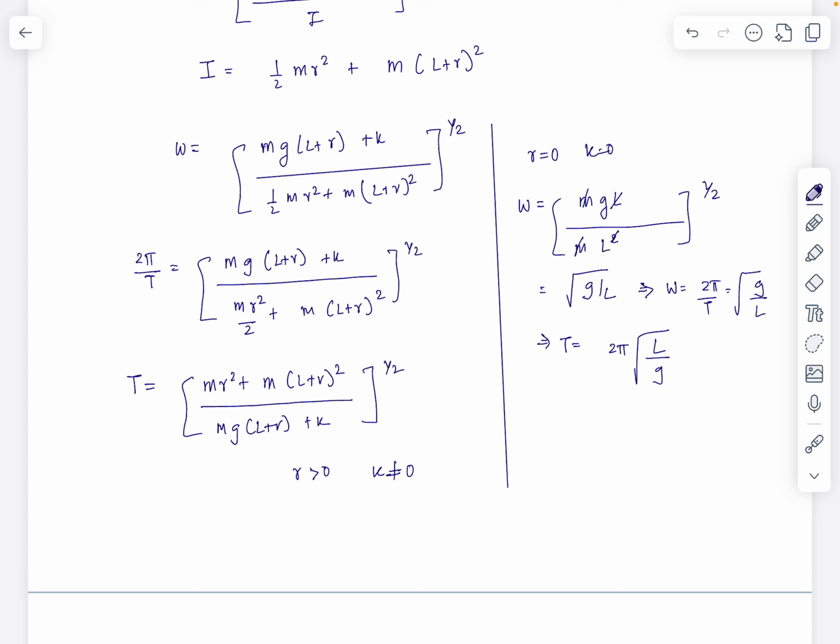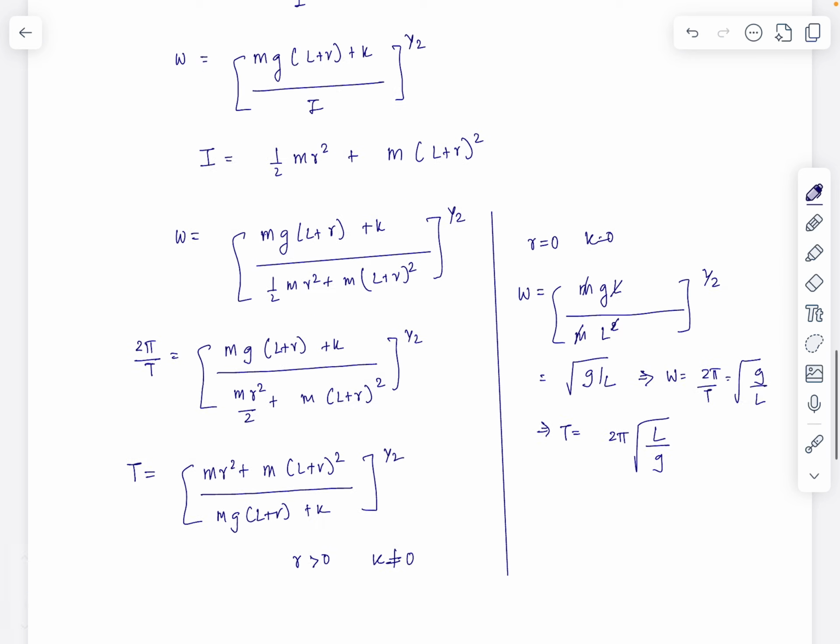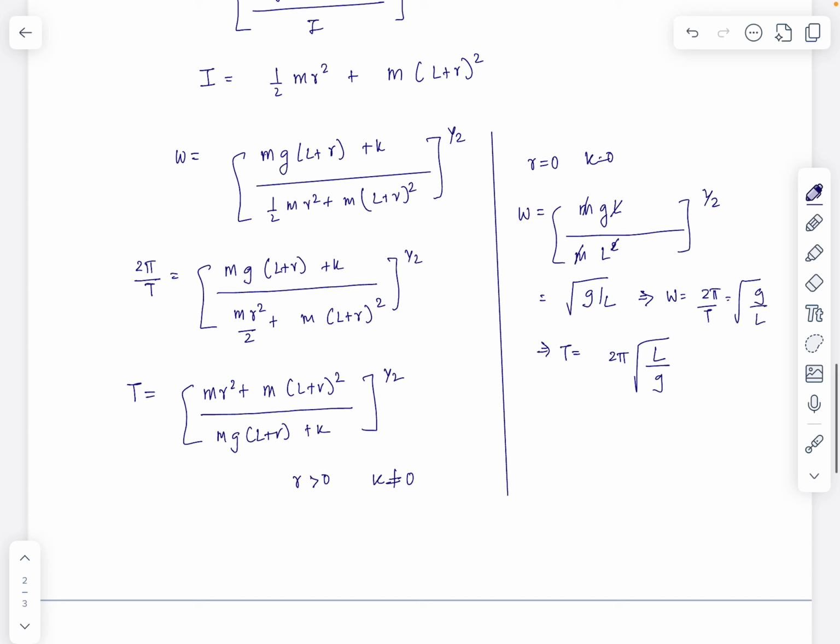Now the question is, why would we do something like this? If we have this kind of configuration, we can measure the time period using a clock. We know the mass of the pendulum bob, the acceleration due to gravity, the length of the rod, and the radius of the pendulum bob.